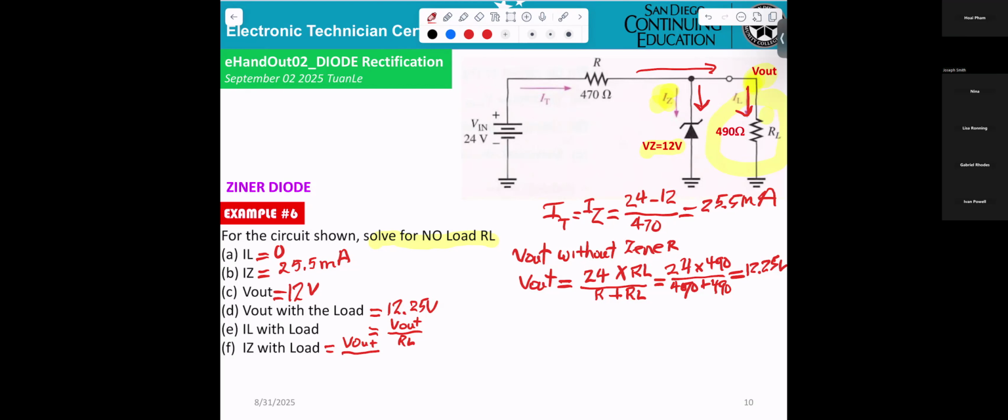So if you get I total, you can subtract IL and get IZ. IZ equals I total minus IL.